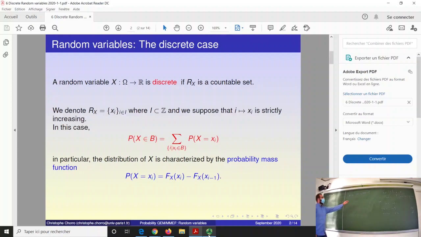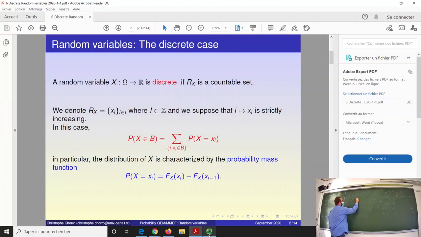But I know that the set of my possible values is equal to this one. Okay? So I can write this set in the following way. It will be a union over i of what?